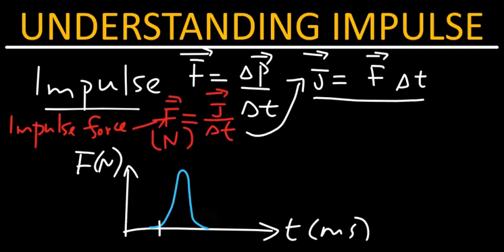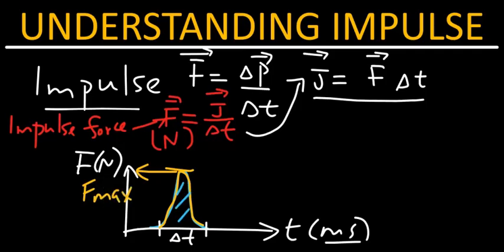This spike occurs in a very short amount of time, delta t, measured in milliseconds. In that time interval, the force acting on the ball due to that rigid wall increases from 0 to a maximum value during contact and then drops back to 0. So that is a maximum force.